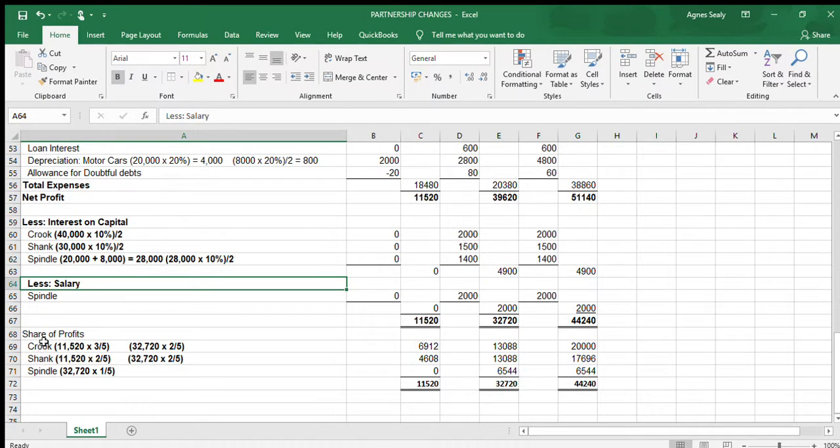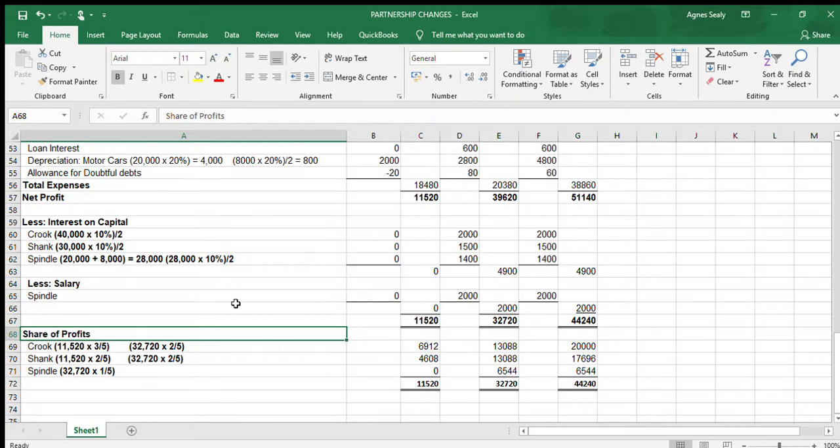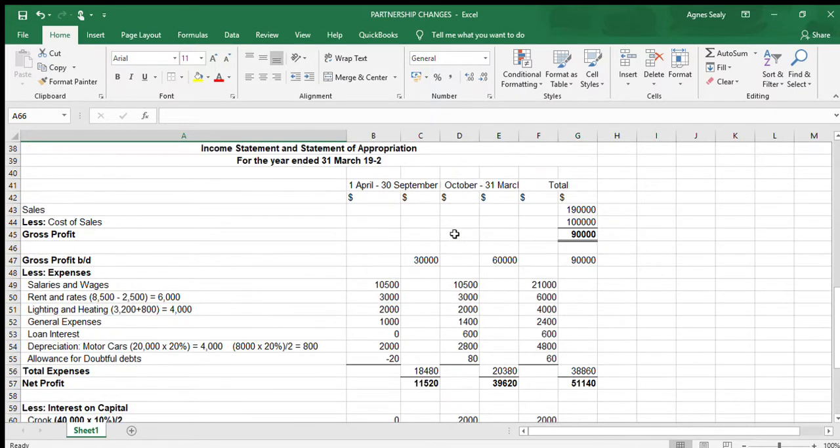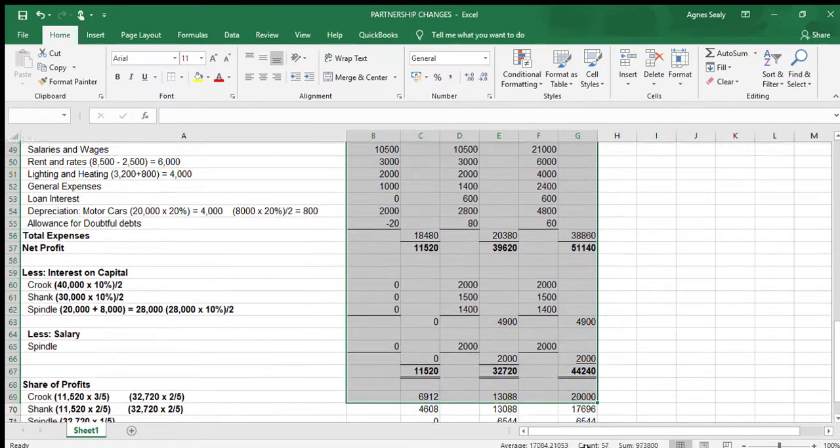So making certain things stand out, formatting so we can clearly see.